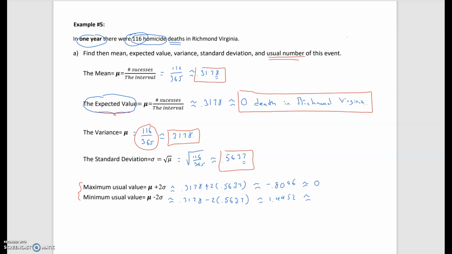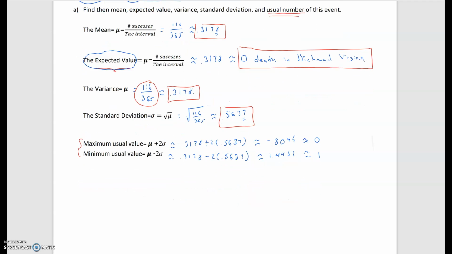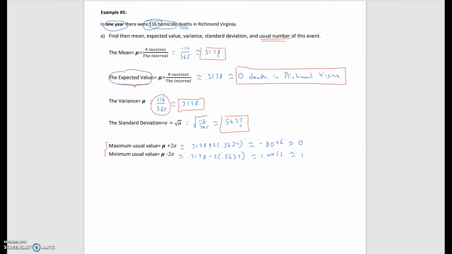So this is going to be 0 to 1. In this case, the usual interval is anywhere between 0 to 1 homicides.